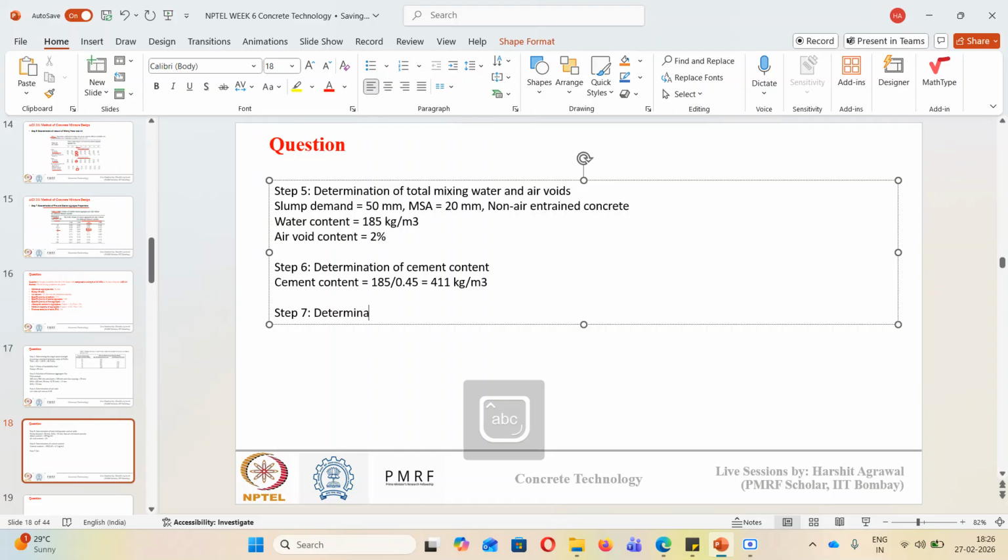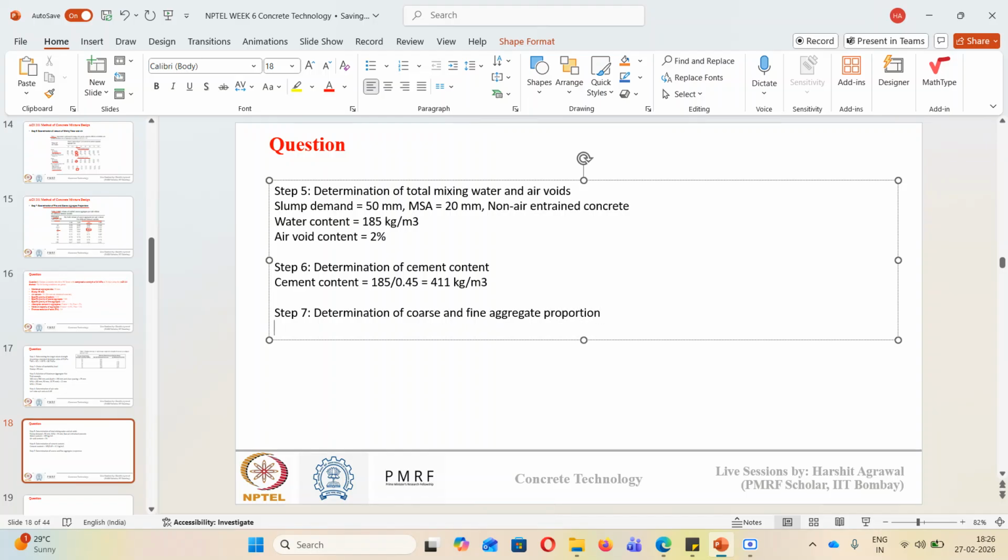Then after determination of cement content, step 7 is determination of coarse and fine aggregates proportion. We have a maximum aggregate size of 20 mm, and the fineness modulus of sand is given to us as 2.80.